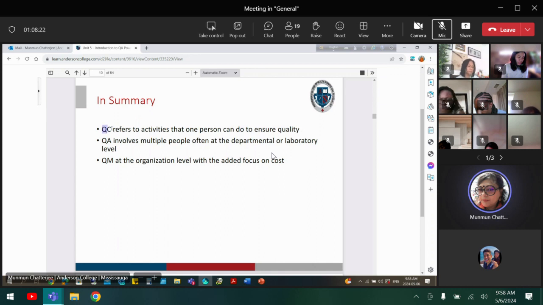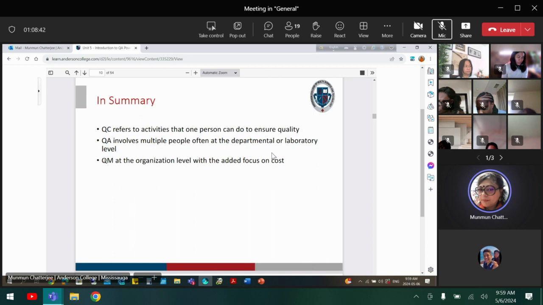In QC, you are only taking care of the ABO blood grouping, not the alleles or subtypes or other things. So you are responsible for taking care of that one thing, not the whole thing. Quality assurance is from the whole department.